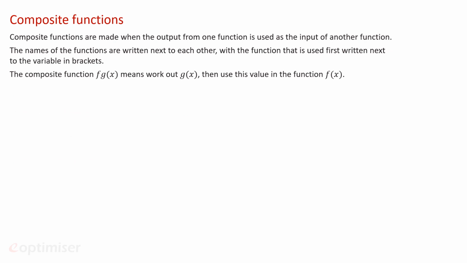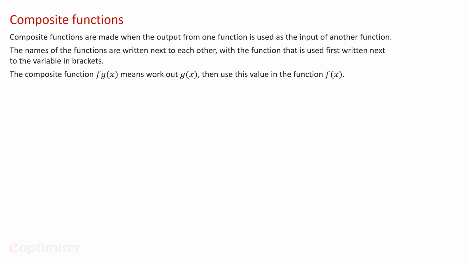So what is a composite function? Composite functions are made when one output is given as an input to another function. So with f(x), you calculate something and you give that output to g(x), and that will produce some output. You normally write f of g of x.